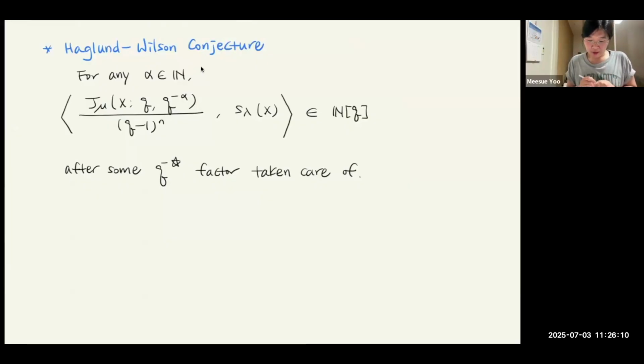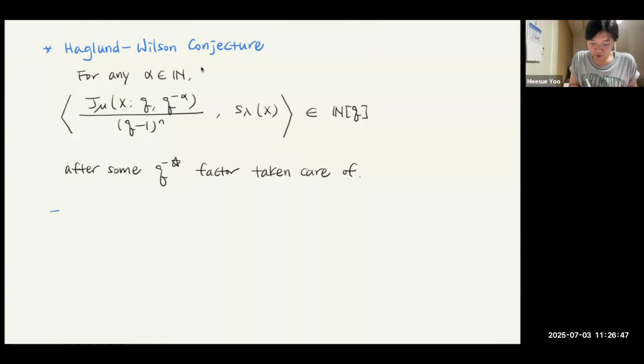Before we go in that direction, let me mention the Haglund-Wilson conjecture. Haglund and Wilson also considered the integral form, and here they replaced t by q to the minus alpha, and then divided by q minus 1 to the n. If you consider the Schur coefficients of that form, then after taking care of a certain negative power of q, the Schur coefficients become positive q polynomials, and that was the Haglund-Wilson conjecture.